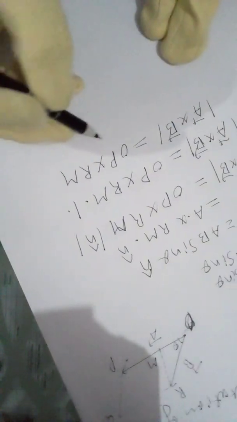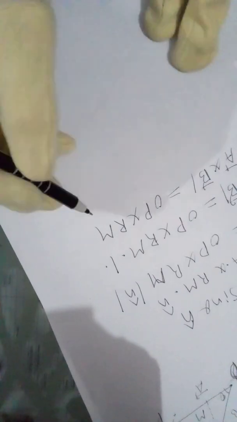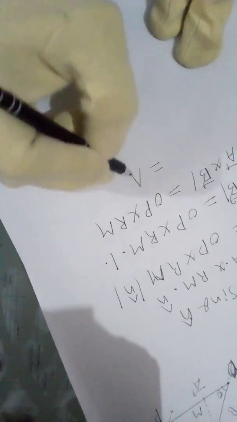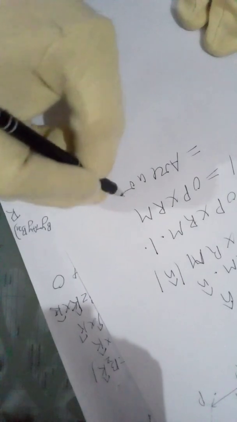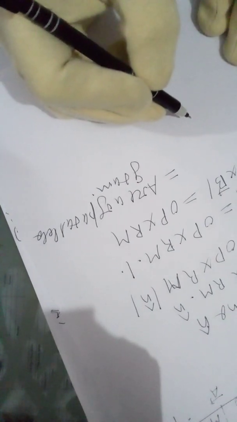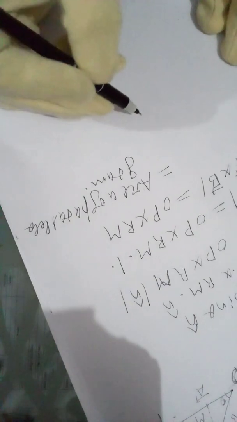So OP into RM is the area of the parallelogram. Thus the mod of the cross product of two vectors which represent two adjacent sides of a parallelogram is equal to the magnitude of the area of the parallelogram.